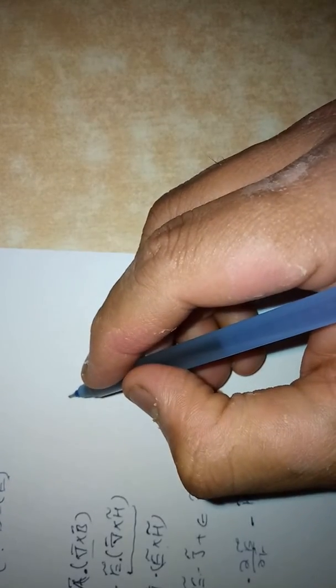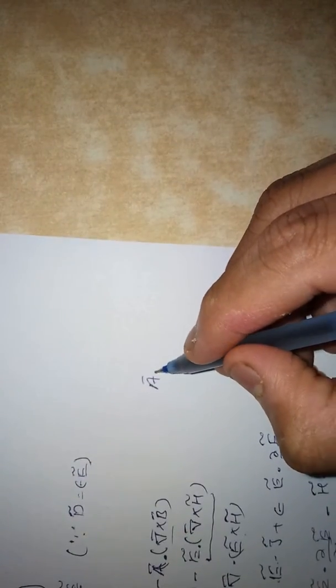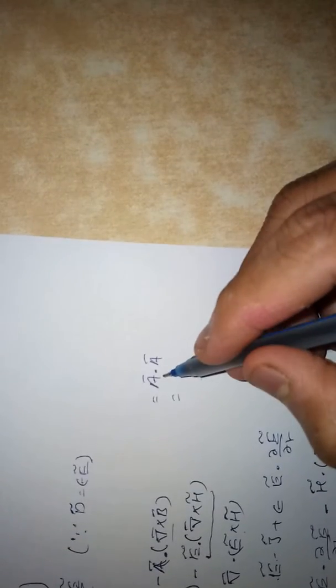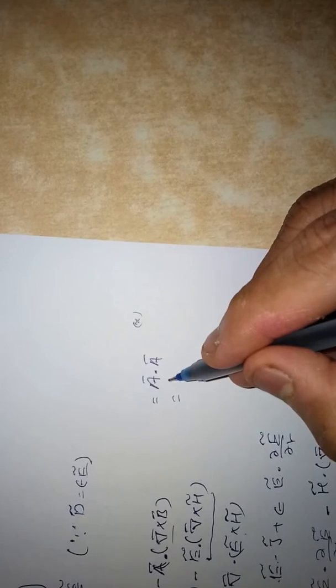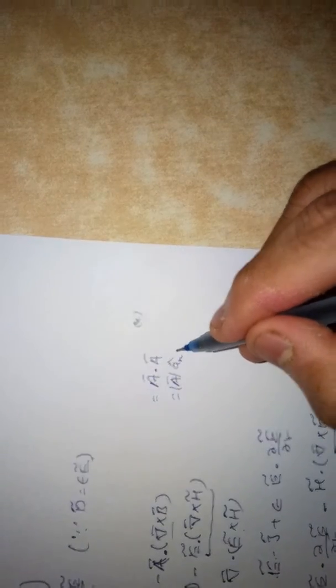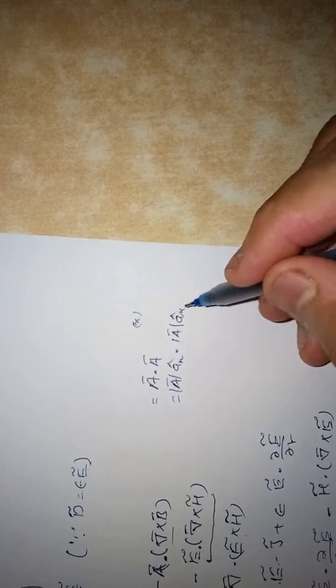any example. Consider a vector A dot vector A. So if I expand this A, consider this A is in the x direction, so this will be like this: magnitude of A into AX dot magnitude of A into AX.